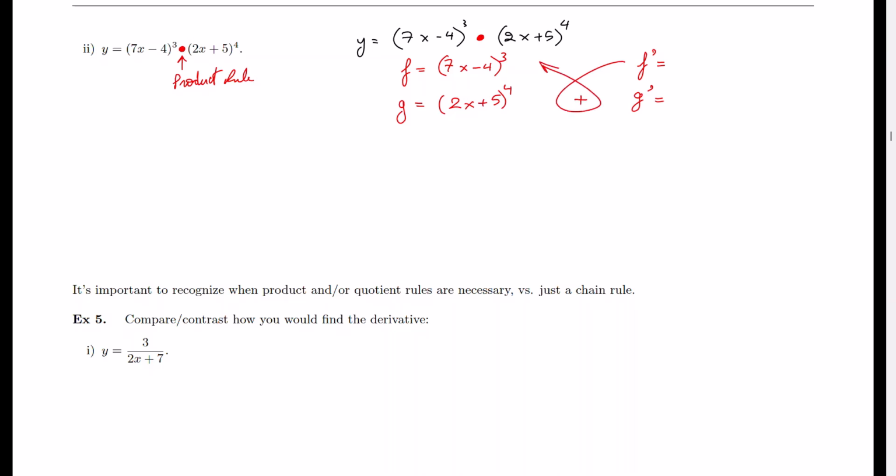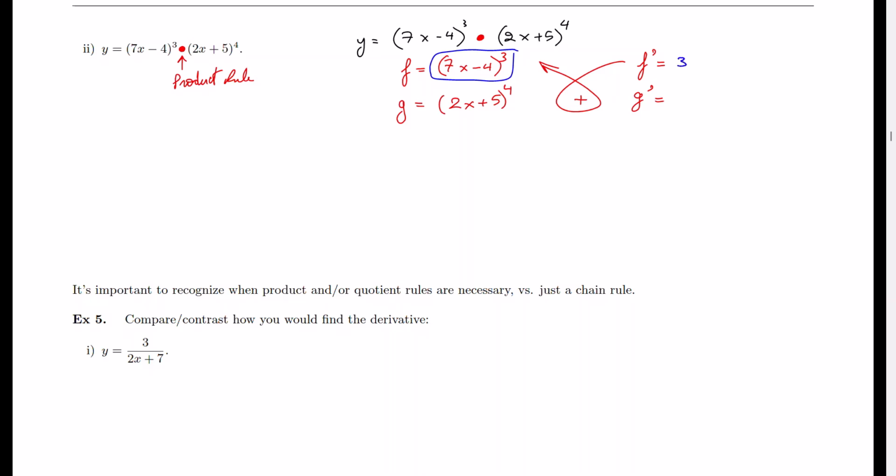Now, the tricky part here is that to find the derivative of f itself, I need to use the chain rule, because it looks like a base raised to the power of 3. It's not that the product rule is present, it's that the individual parts of the product rule, the f prime and the g prime, have to be differentiated using the chain rule. So what's the derivative of (7x minus 4) to the power of 3?